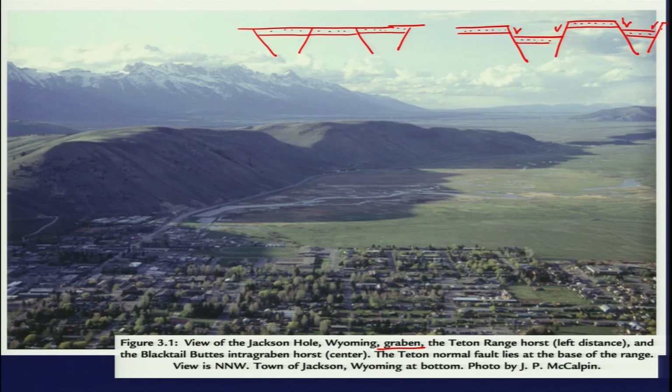what we see here is that the area which has gone down, we term this as a graben, and the area which has remained up with respect to the down faulted blocks, we term this as a horst. So this is basically because of the extension.